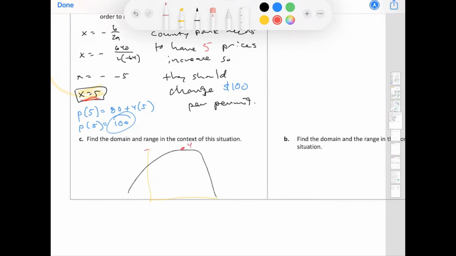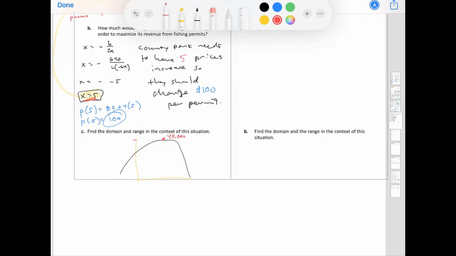So right there is 40,000. Whoops, erased my domain, sorry. So range is going to be starting at 0, because your profits, you don't only want to show your profits, to what number? 40,000. So my range is between 0 and 40,000.